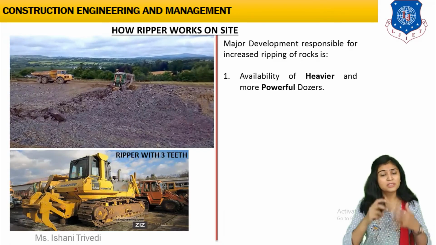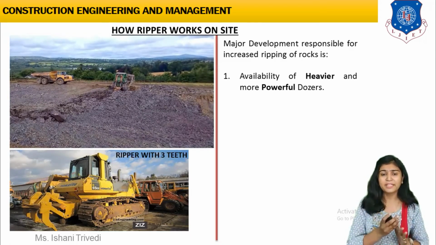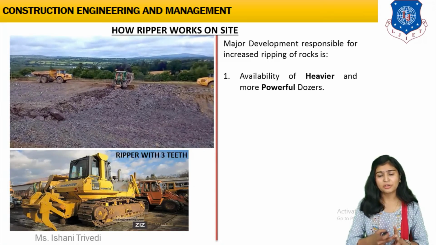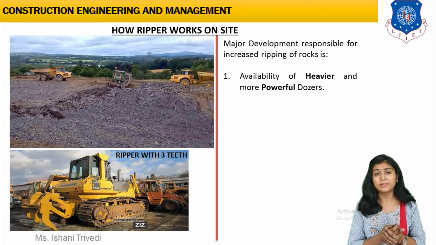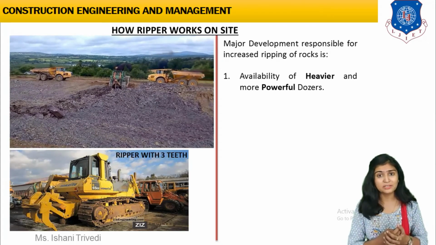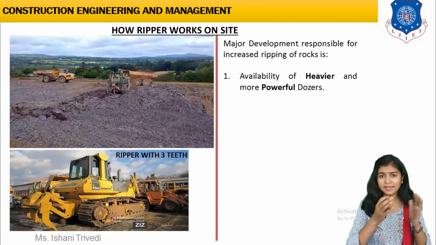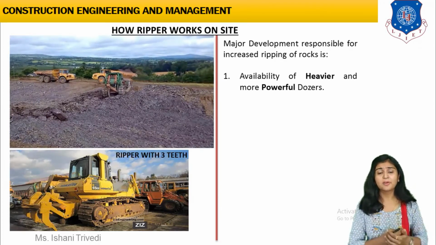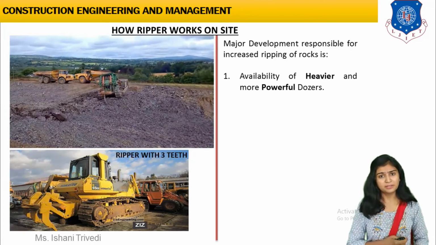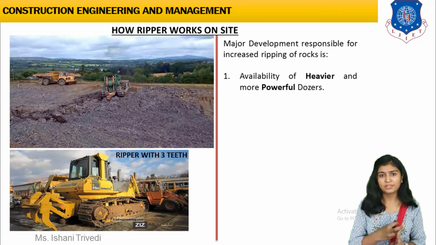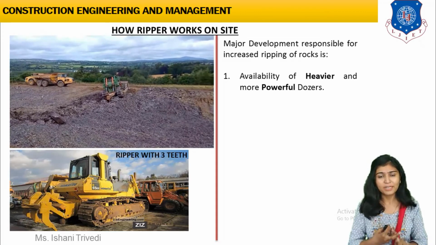For mining, for aggregate crushing, for removing the layer of the soil, for various purposes, ripping of rock is becoming popular these days. So we have to study the theory of why this development has occurred in the present world, because we already know the biggest reason is modernization and technology development, right?